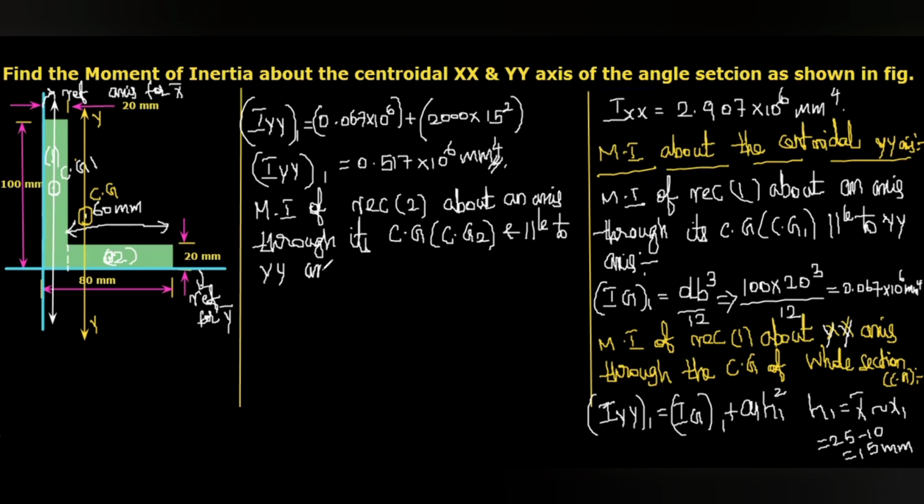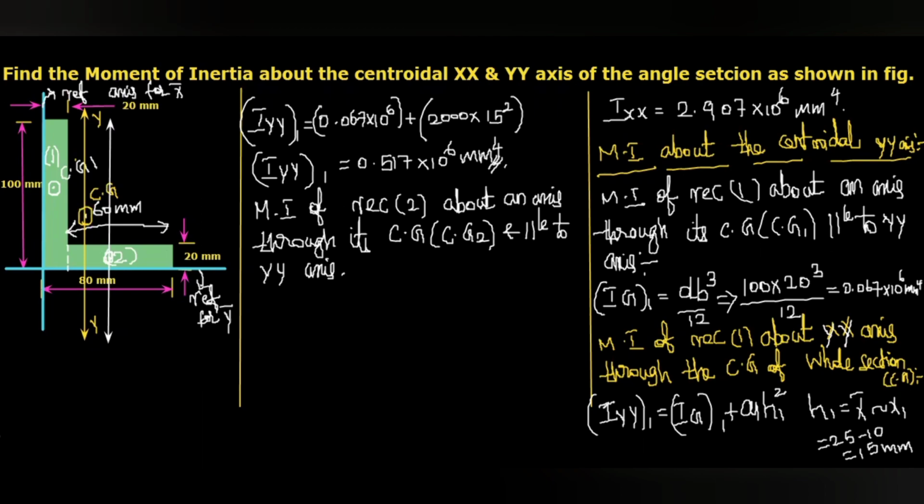Here that axis will be this one, and you can see this is CG2. This axis passes through its center of gravity CG2 and is parallel to the YY axis which passes through the CG of the whole section.